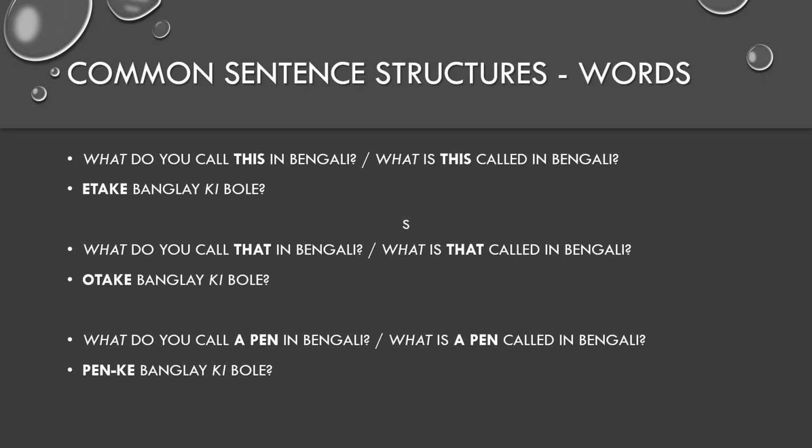You can use any English word, add the suffix ke to indicate that that is the word for which you are asking the translation. Another important thing to note here is in this sentence structure, you are asking for the translation of a word. This is not asking for translation of an entire sentence. This is only asking for translation of a word.